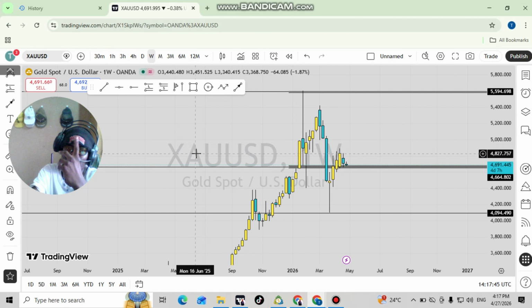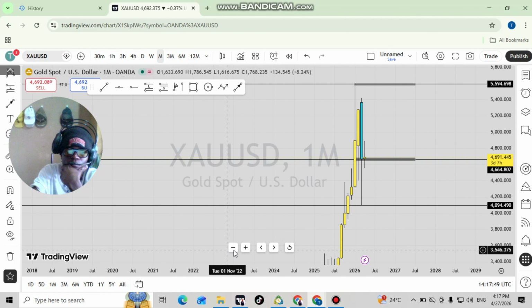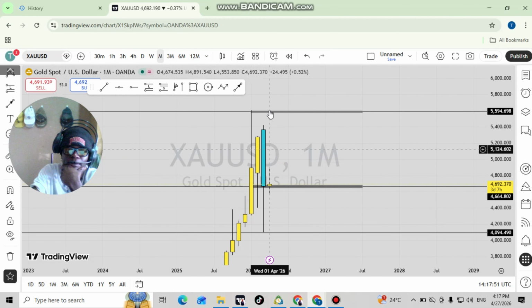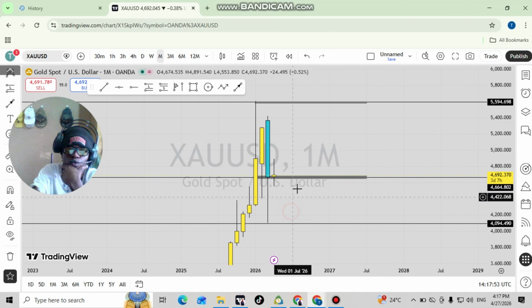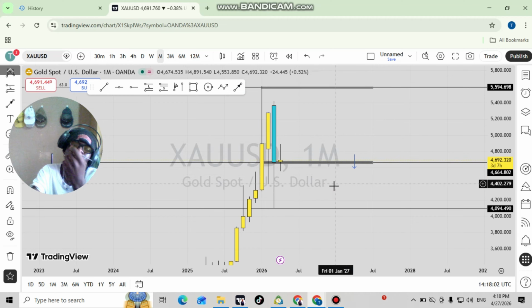But one thing we also noticed is that price is still trapped here, so you want to let price break out on the monthly time frame, so that it breaks, closes outside, just that.